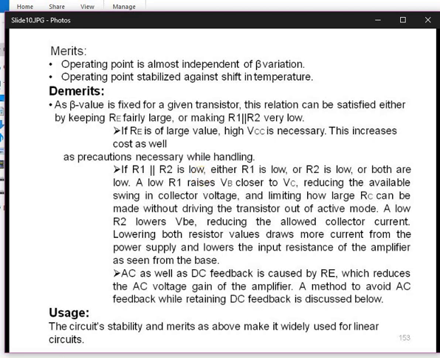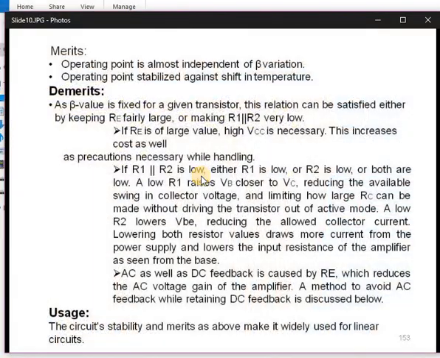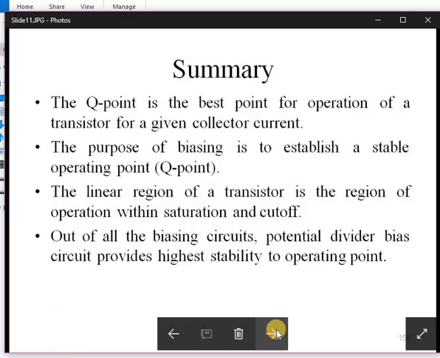High thermal stability means the operating point is stable.